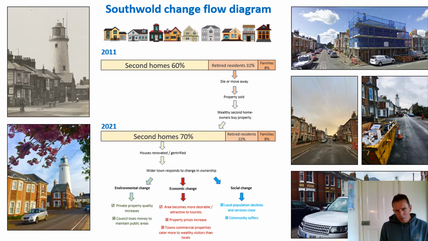There are people who will buy a property in Southwold as a second home, and they will choose to use it at weekends, maybe for a few weeks in the summer, a few weeks over the Christmas holidays and Easter. And when they're not using it, they would then potentially think about how they could make money from that property.